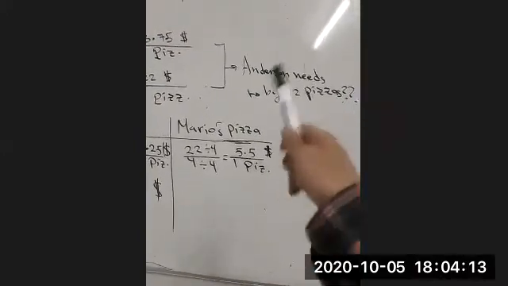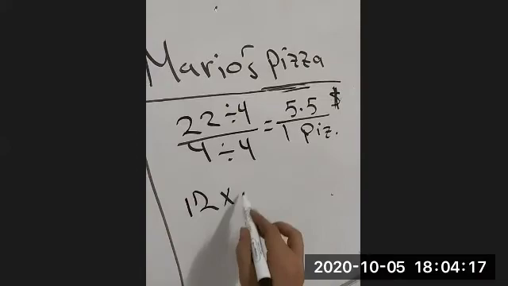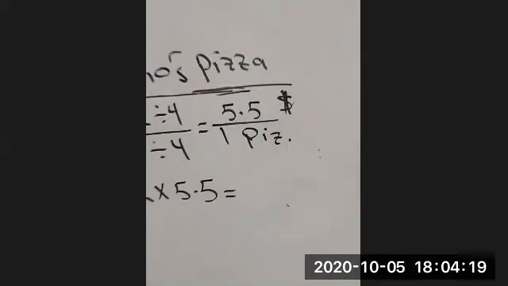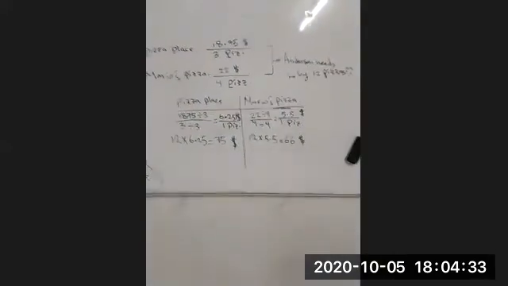But the price of the 12 pizzas, how much? 12 multiplied by 5.5 is $66.